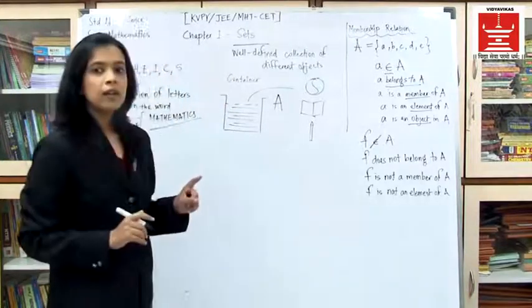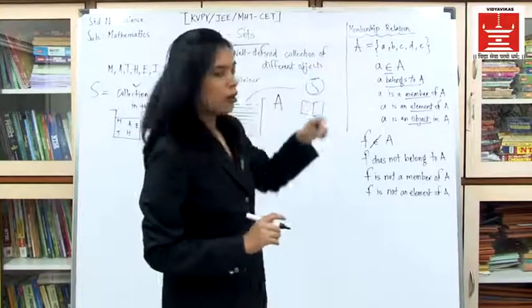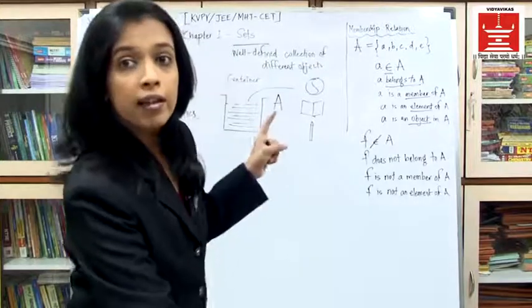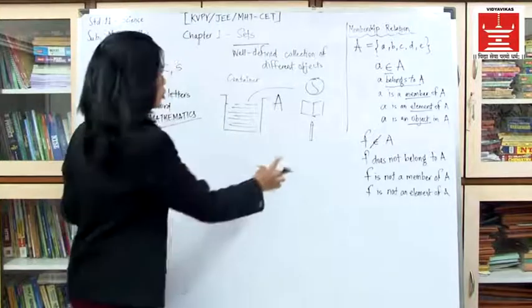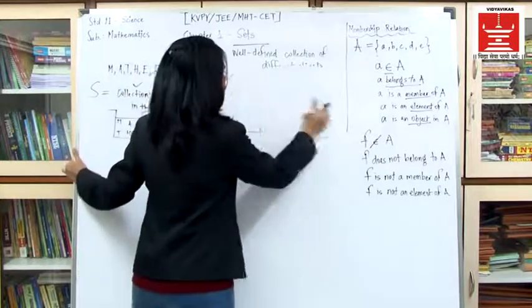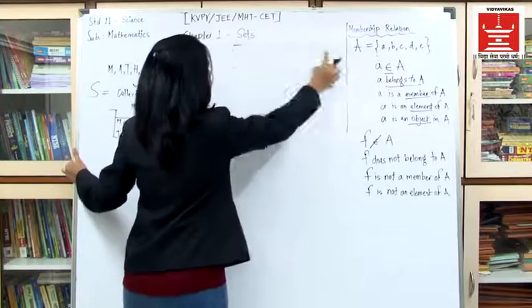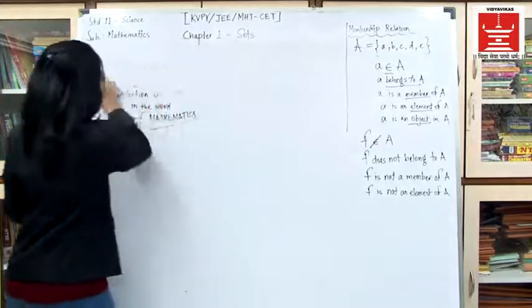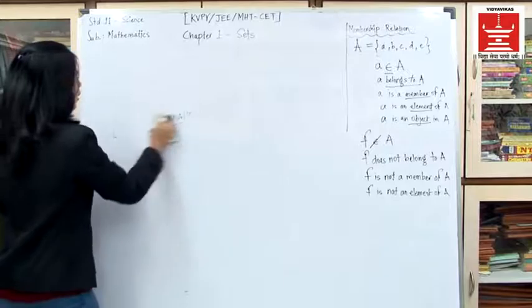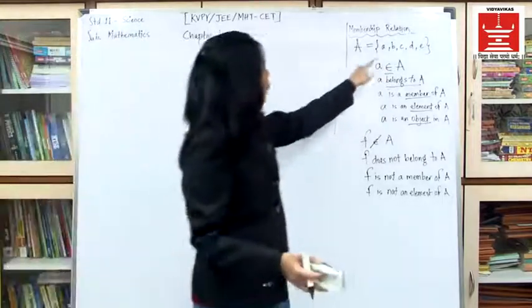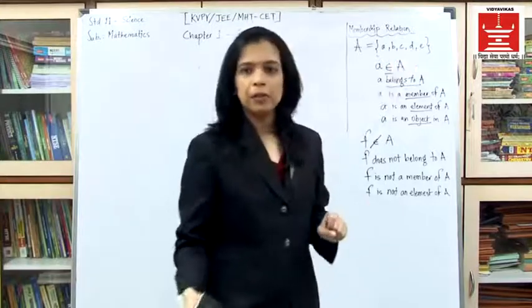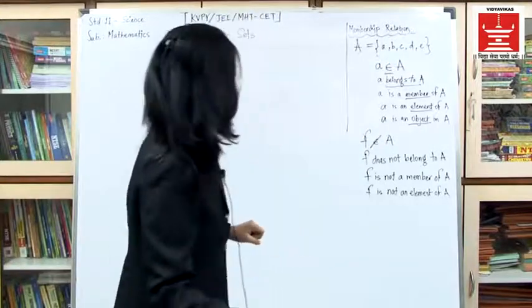Also note that a set is represented using curly brackets and commas. The objects are listed inside the curly brackets and different elements are separated by commas.